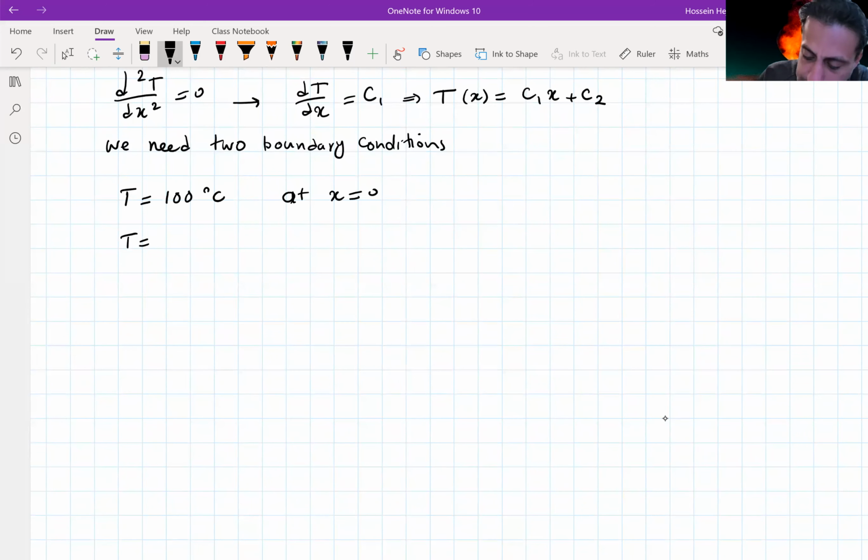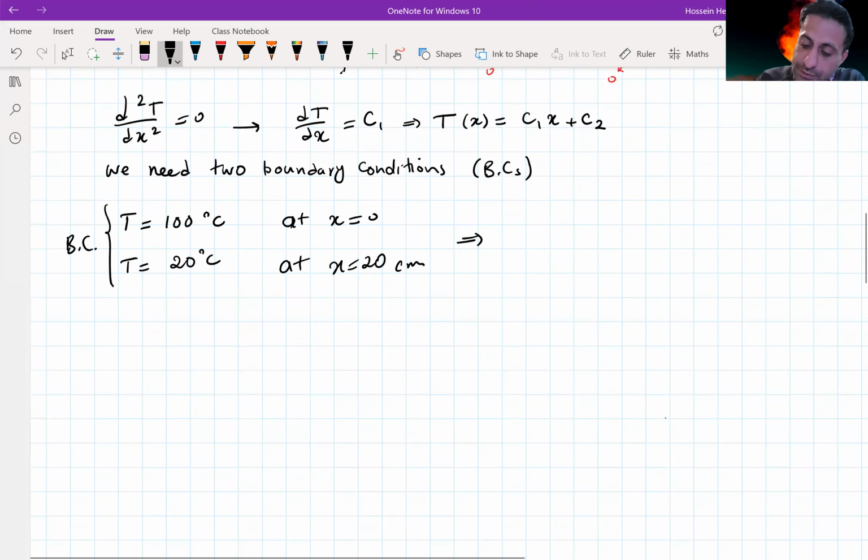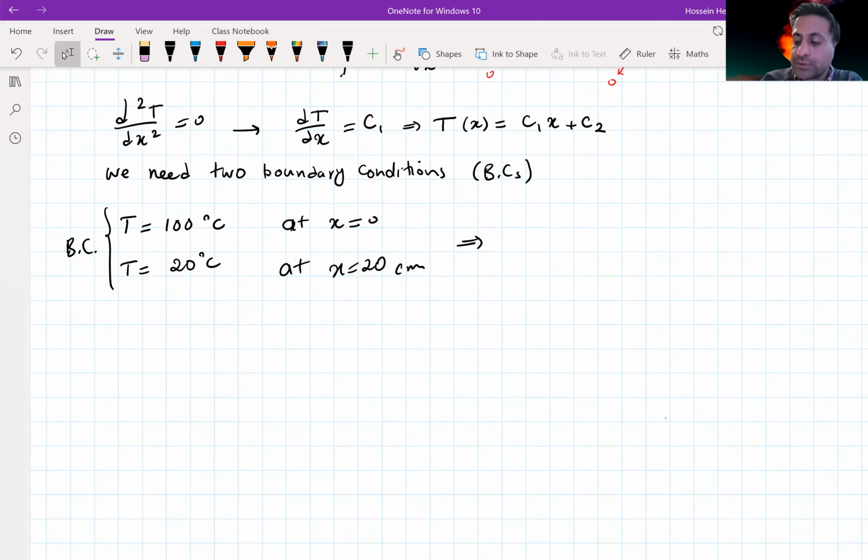And we know T is equal to 20 degrees C at x equal to 20 centimeters. These are our boundary conditions for this problem. If we implement these boundary conditions at x equal to 0, T is 100, so that gives you c2 equal to 100.